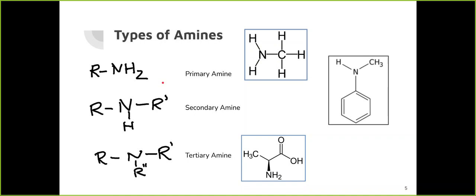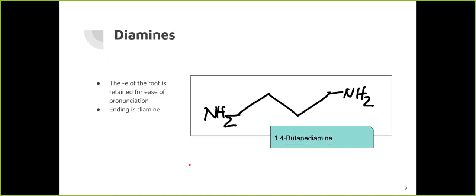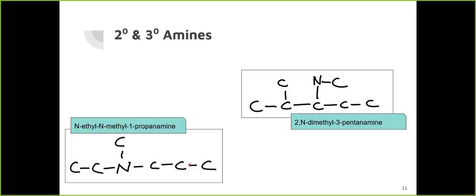Okay. And notice I put a prime here because this isn't necessarily the same as this one. And this has a double prime because these could all be different. Okay, that's the one I just did.